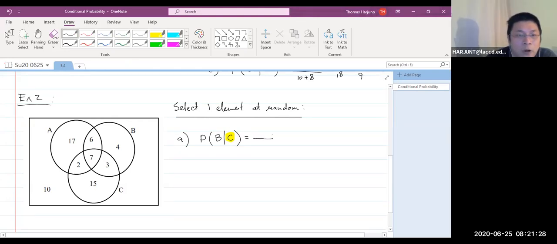You select from C, that will be the total of 2 plus 7 plus 3 plus 15 elements. That's 27, I believe. Now of those 27 elements in C, how many elements are also in B? The ones also in B are, there are 10 of them, 7 plus 3.